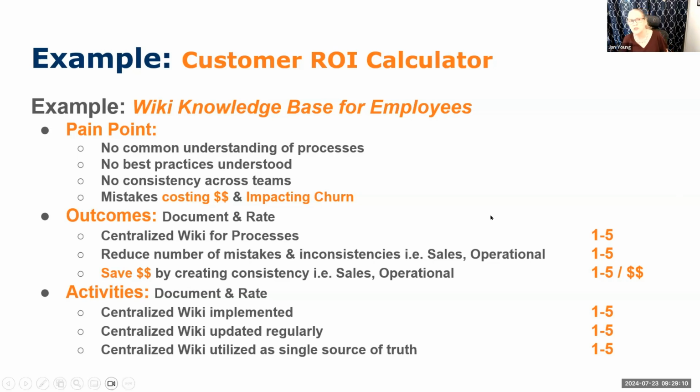But the other reason we put through an example here is because you can have a lot of different types of products and projects. And I think it's really important that we don't just give you a calculator and say, go and calculate now.